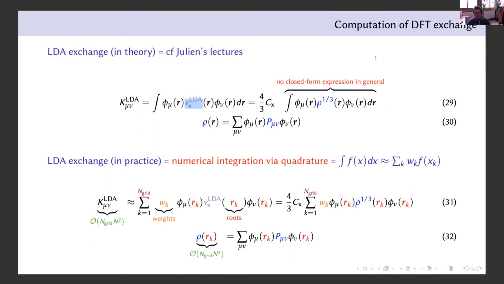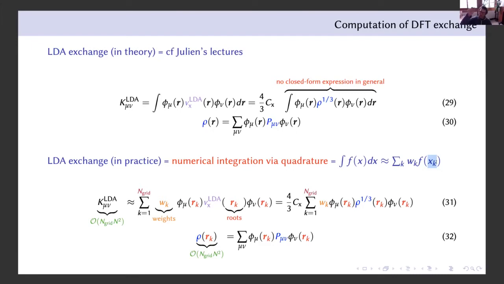So a numerical integration via quadrature, what is it? You're going to approximate an integral, for example, f of x dx, by a discrete sum of a k. And so you're going to have two important quantities, the weights, okay, and the roots, okay? So those are the two important quantities.